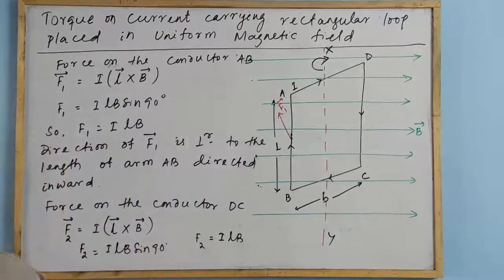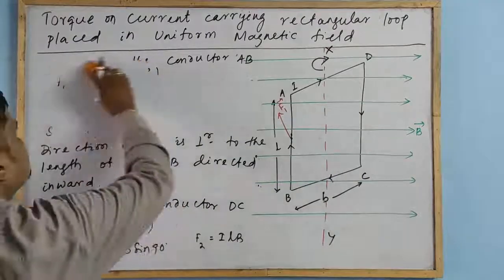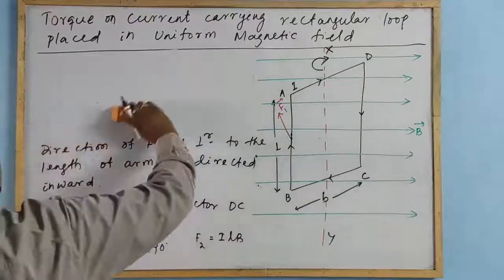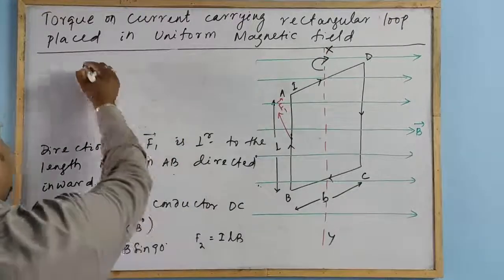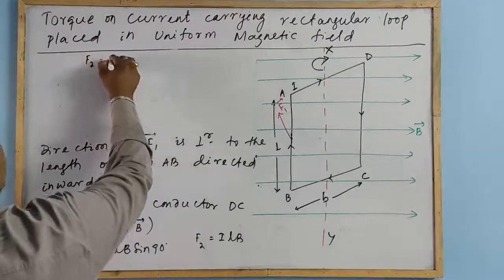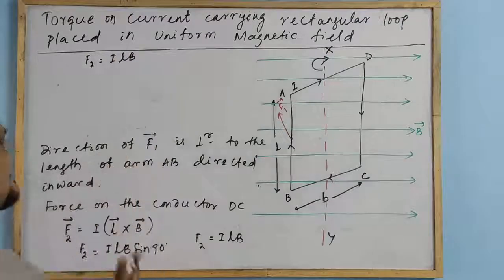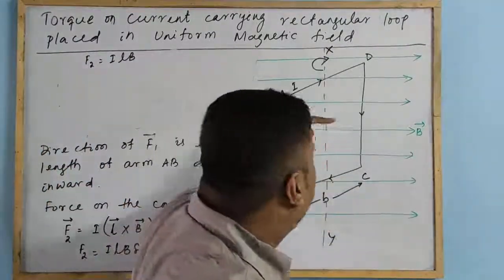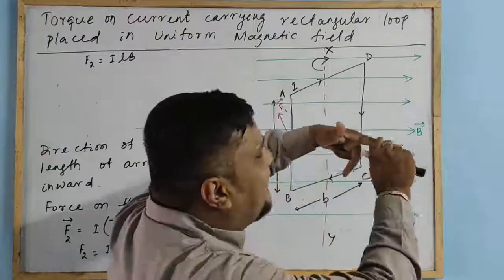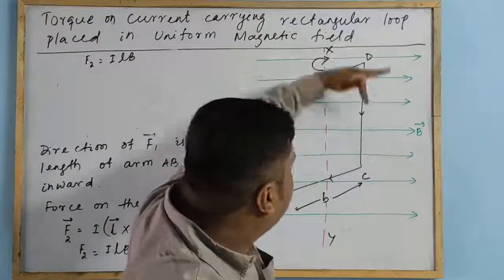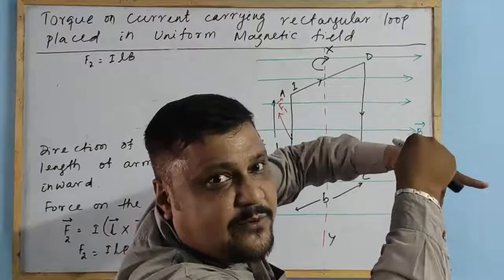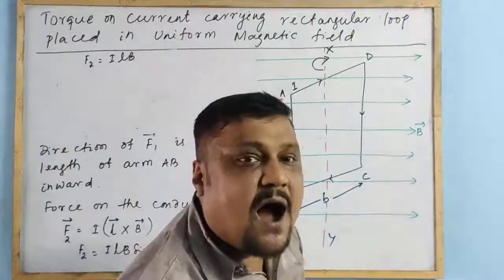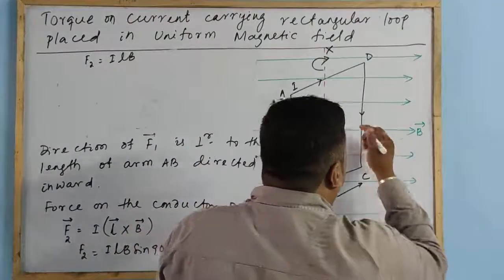Then what is the direction of F2? F1 is I L B, and the magnitude of F2 is the same, I L B. Now find the direction of current. The magnetic field is along this direction, current goes from D to C. What is the direction of F2? Perpendicular outward. Let me show that perpendicular outward like this.